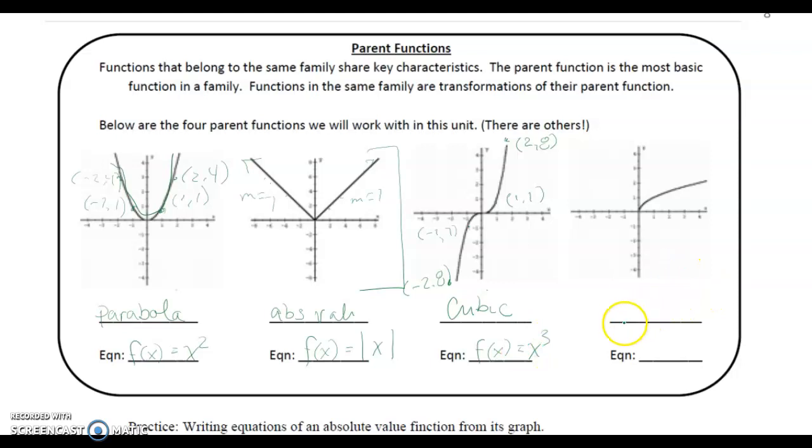This is referred to as a square root function. It goes through 1, 1, and it goes through 4, 2. So it's called a square root. And the equation is f of x equals square root of x.